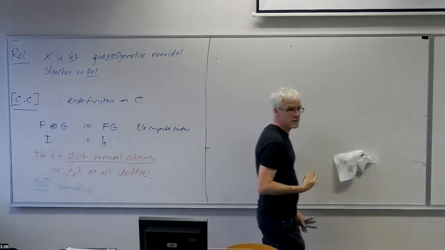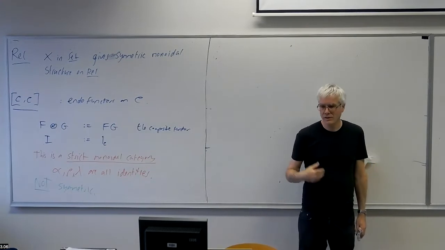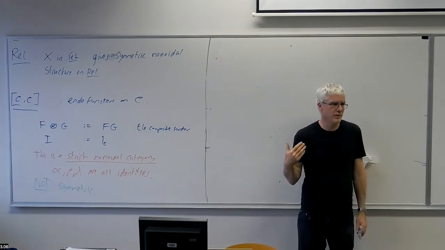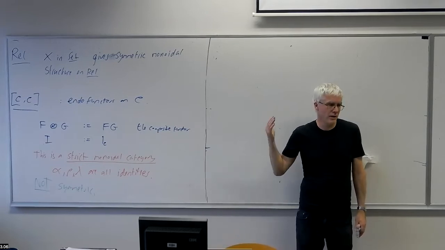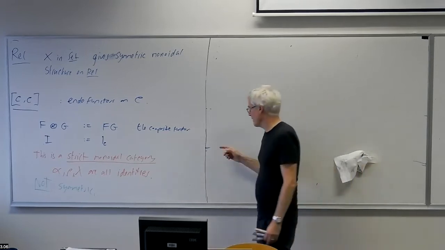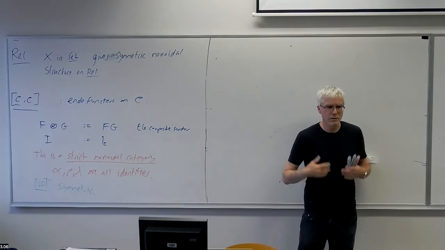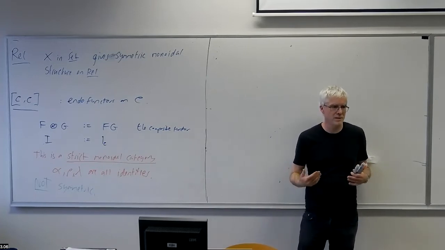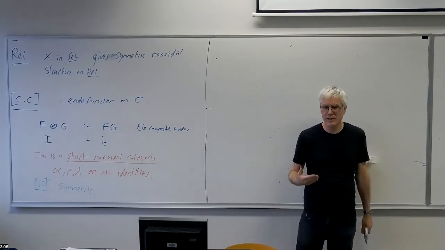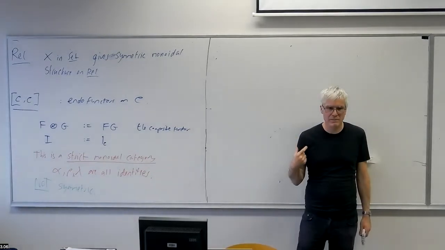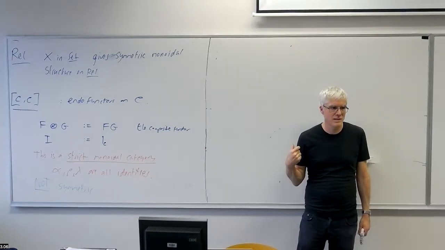So now I want to spend a bit of time on the main example that I want to give of a category with a monoidal structure that's not of any of the forms we've seen before. It's an example of a whole family of examples that come from constructions in mathematics known as tensor products.